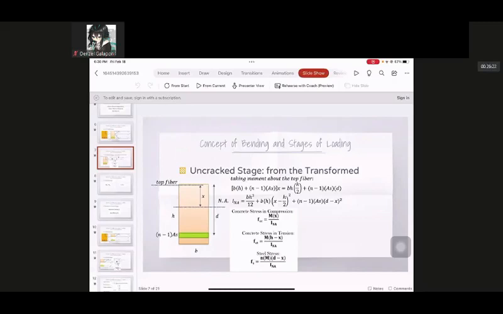And then from that, using this formula, that is F sub CC is equals to the moment multiplied by X all over I sub NA. The concrete stress in tension, that is F sub CT is equals to moment times X minus H all over I sub NA. And steel stress is F sub S equals NM multiplied by D minus X all over I sub NA. So these are your formulas for the uncracked stage.